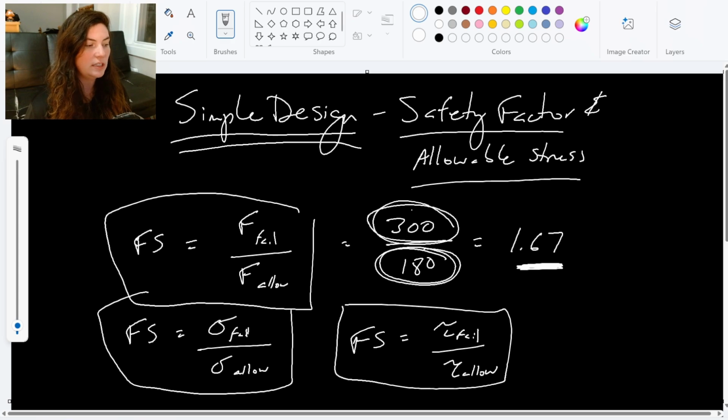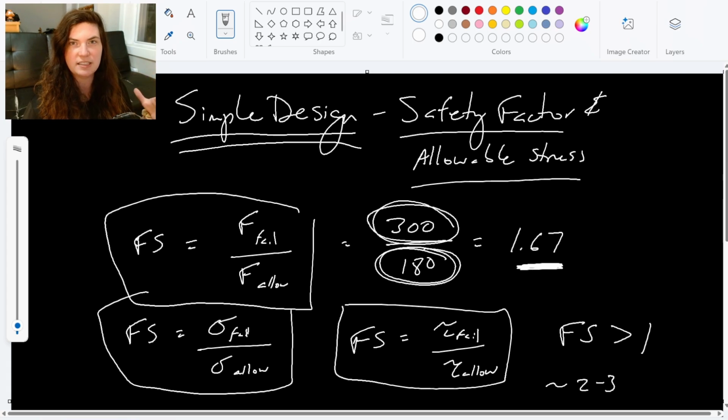Your factor of safety is always going to be greater than 1, right? We always want the failure stress to be greater than the allowable stress. Otherwise, it's going to fail. But the most typical values are going to be like 2 to 3. This is usually an ideal design, so we're not over-designing it so that it's not too costly or too over-engineered. A safety factor of 2 to 3 is ideal.